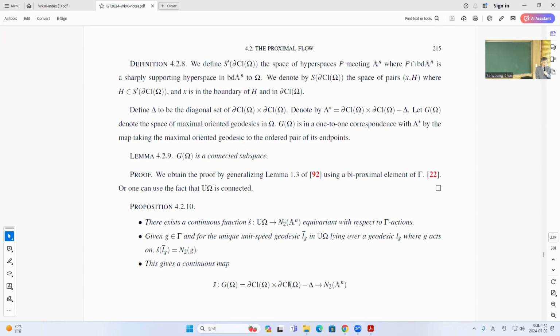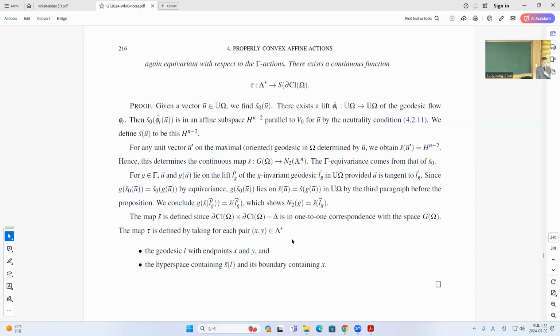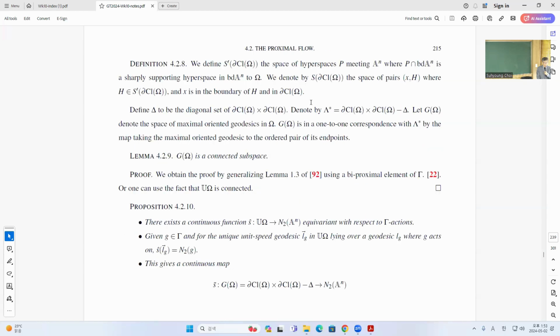Actually you can define a map from the boundary of omega times boundary minus the diagonal to this space. Each geodesic is determined by its two endpoints, and of course you have to remove the diagonal. So this is the same as the space of geodesics, and this is well defined.